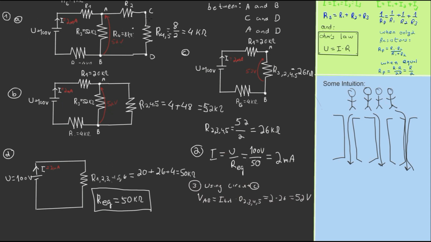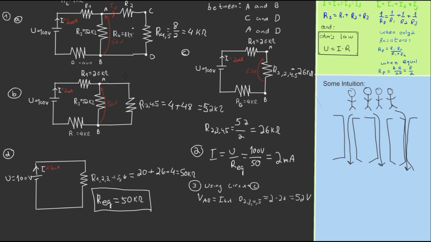That would be the voltage between C and D. But how can we find this current? Let's call it I2.